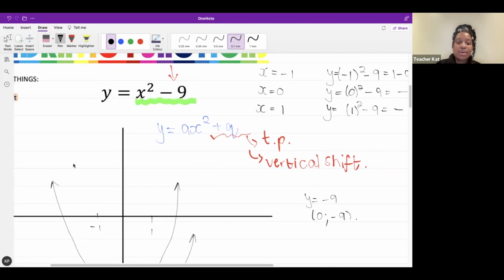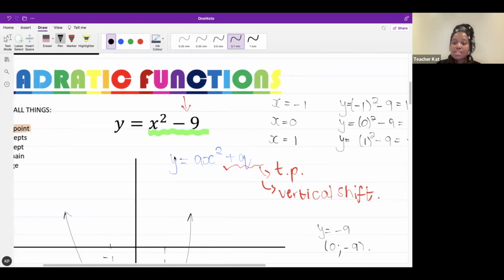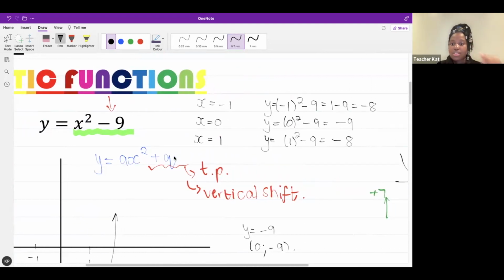How do we find the y-intercept if we don't have a graph? I saw you guys did this in a previous lesson. How do I, if I only have y is equal to x squared minus 9, find my y-intercept without a graph? Anyone?